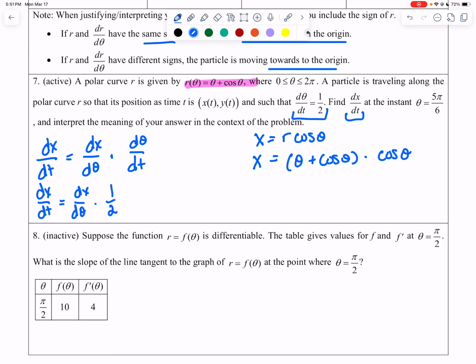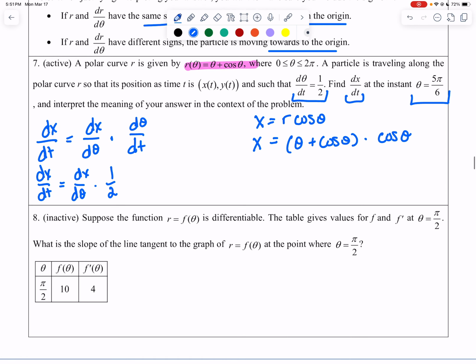Take the derivative of x with respect to theta. So probably use the product rule here, but I'm not going to do that because I can use our handy dandy calculator and figure out what that is at 5π/6. Now, notation wise, you want to make sure that you have theta is equal to 5π/6 here, and you want to write it right here.